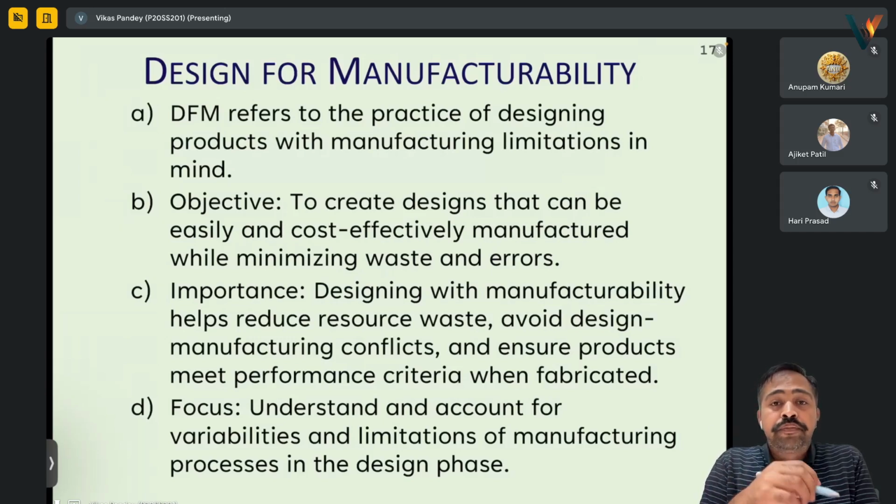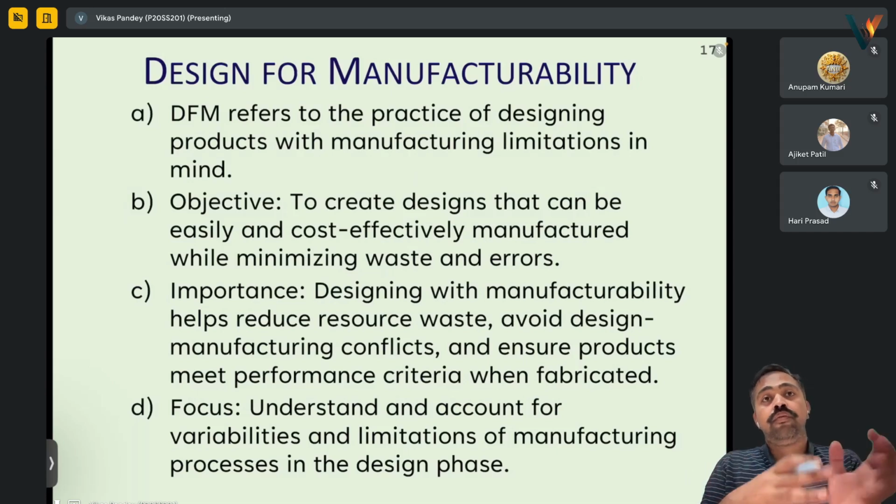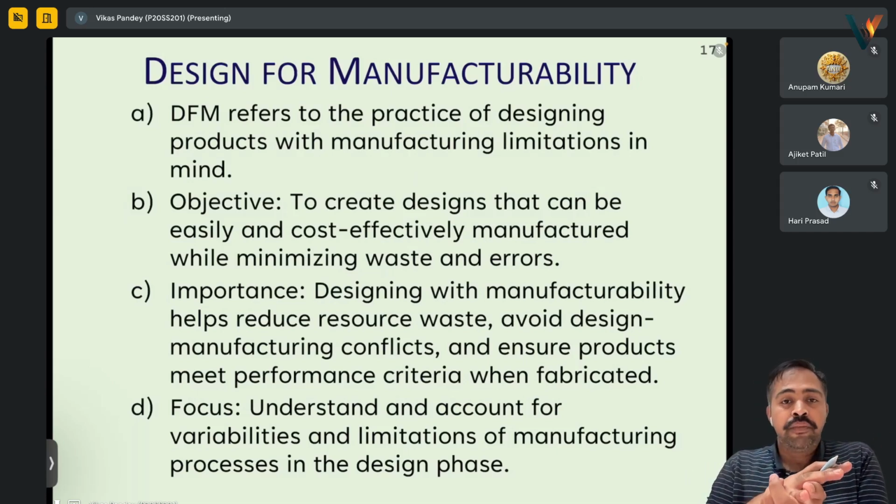That is, when we are designing products, like when we are conceptualizing the product, or in this case the circuit or the final structure of the device.